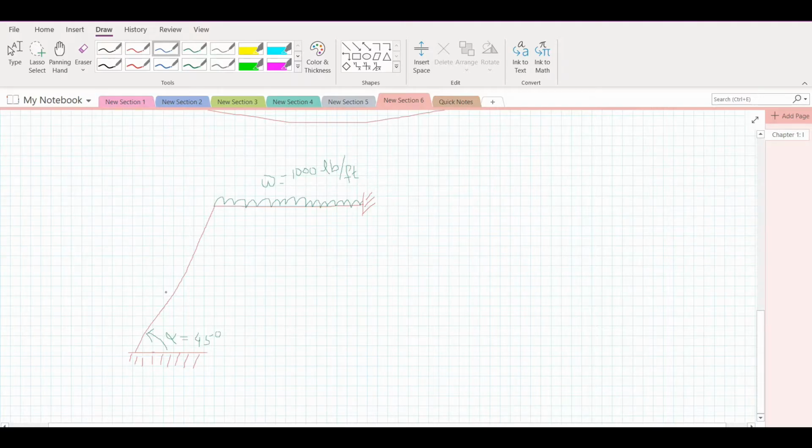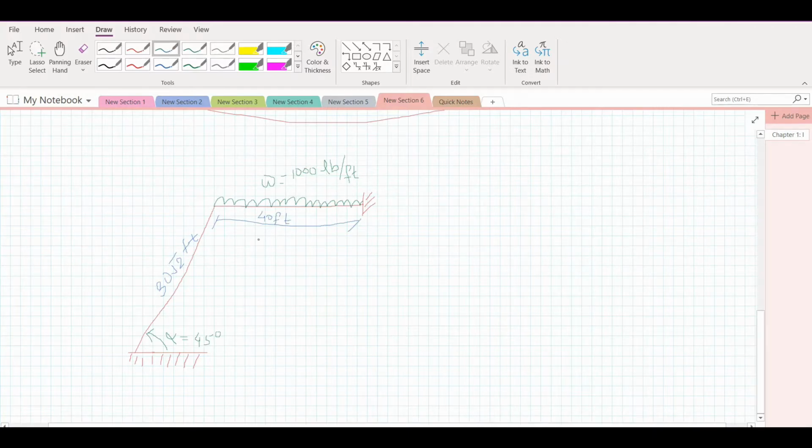You can have this length as 30 root 2 feet and this one as 40 feet.